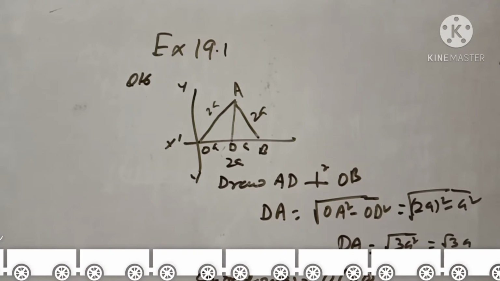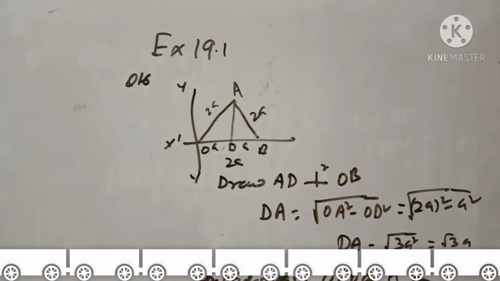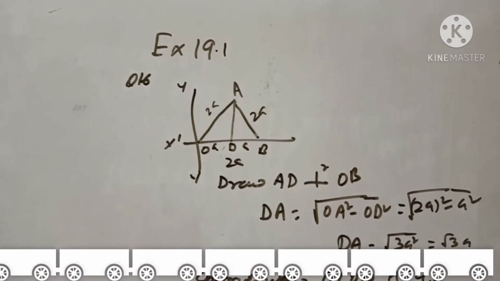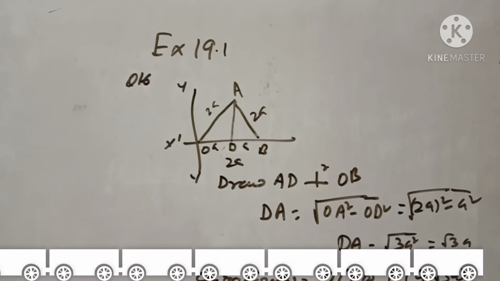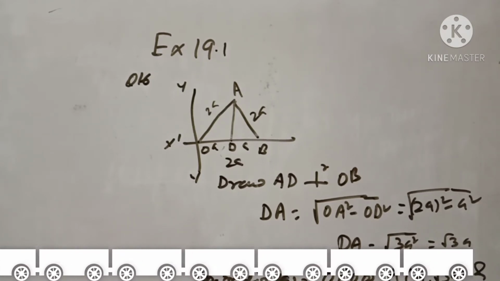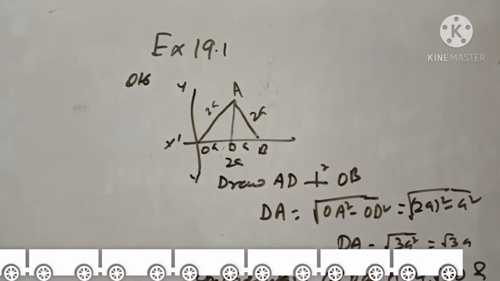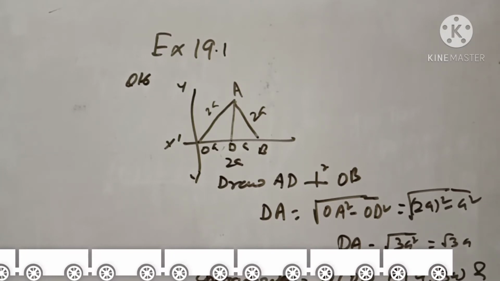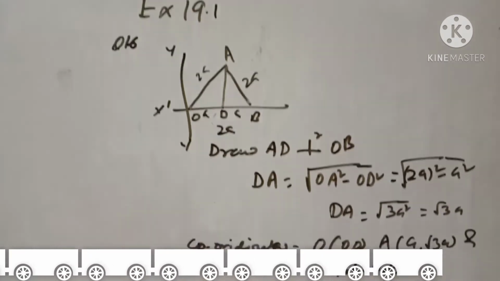A equal to a and root 3 a, and B equal to 2a and 0. So coordinates will be 2a and 0. This is our required answer.